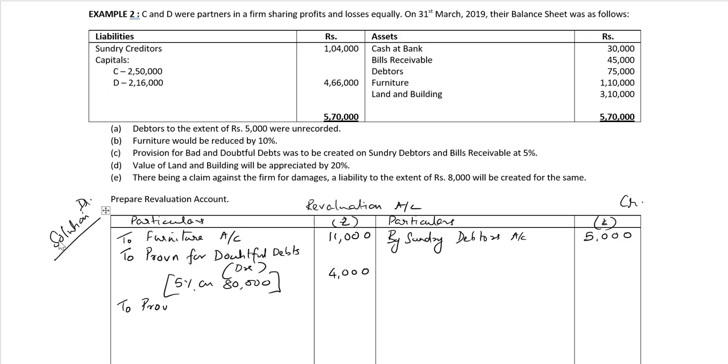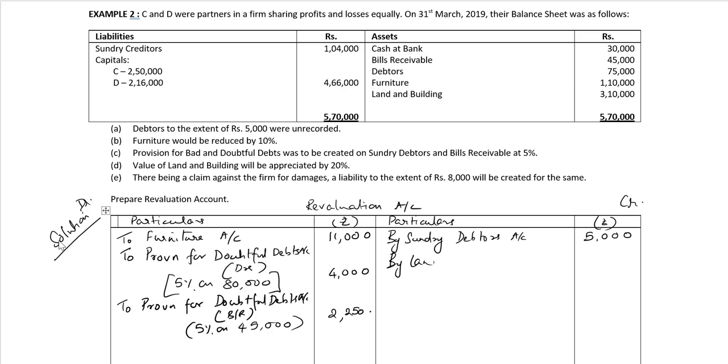We'll create a provision for doubtful debts on bills receivable also. On bills receivable, it's 5% on the amount of bills receivable, which is 45,000. Comes to 2,250 rupees. The next point, value of land and building will be appreciated by 20%.